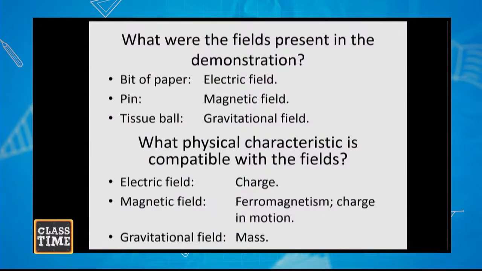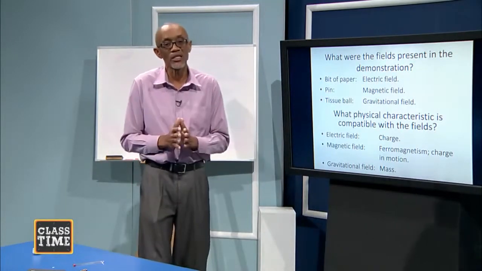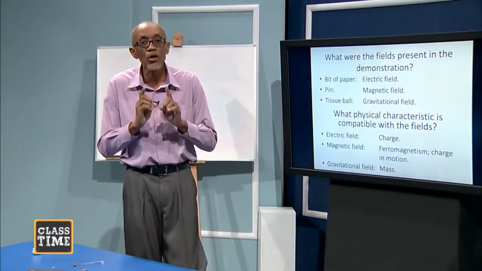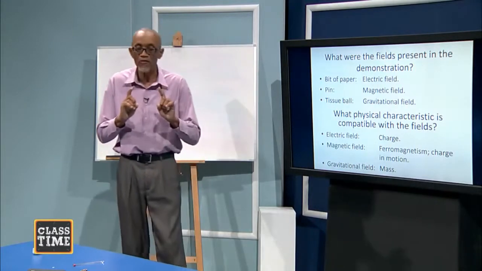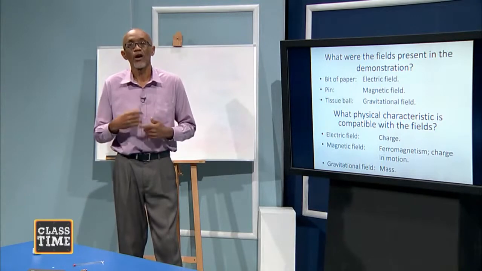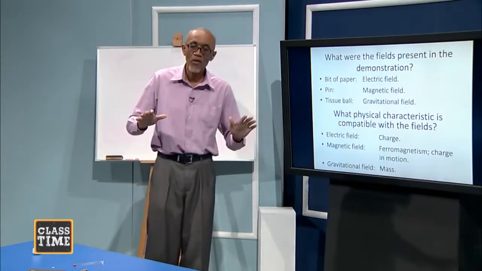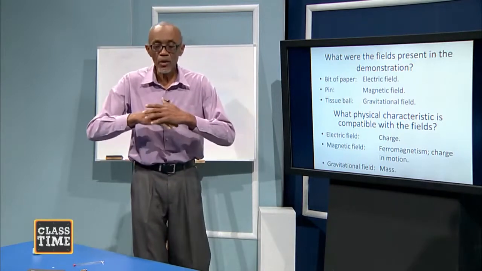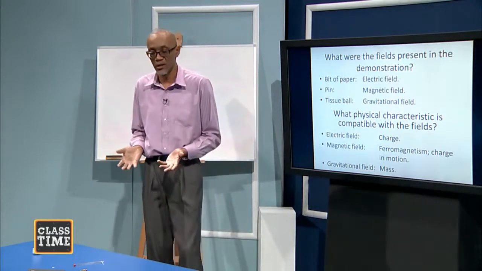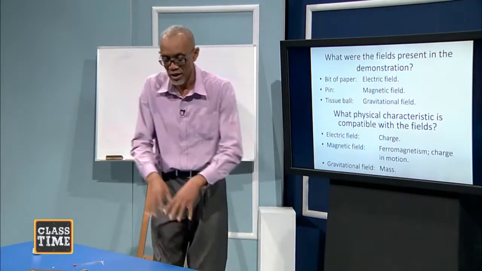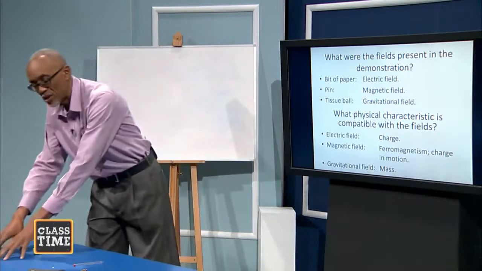And so we're saying that a field is a quantity in space in which anything that has some physical property that is compatible with the field will, or can, experience a force. The field occupies all space in the region where it is. It doesn't occupy pockets of space, with a piece of the field here, no field, then another piece of the field.